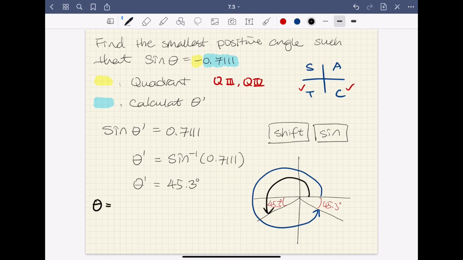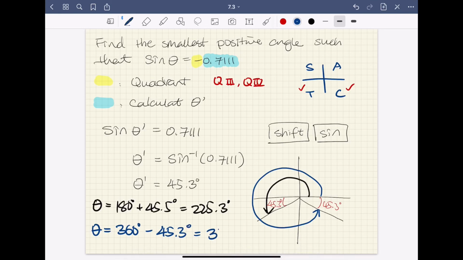The black one is 180 plus 45.3, which is 225.3. And the blue one is equal to 360 minus 45.3 degrees, which is 314.7 degrees.